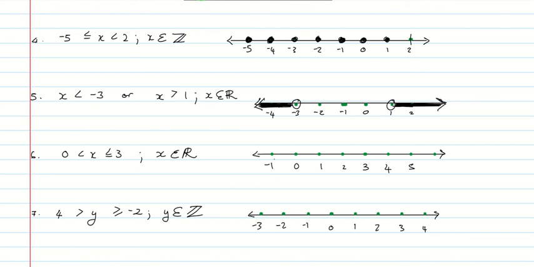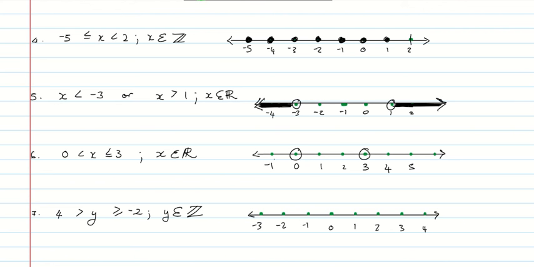It says x is an element of all real numbers, so it can be anything, but x needs to be greater than 0, where 0 is not included, and less than or equal to 3, but 3 is included. So quickly, all we have to do here, we go to 0, we draw a dot there by 0, and the other place where we draw a dot is there by 3.